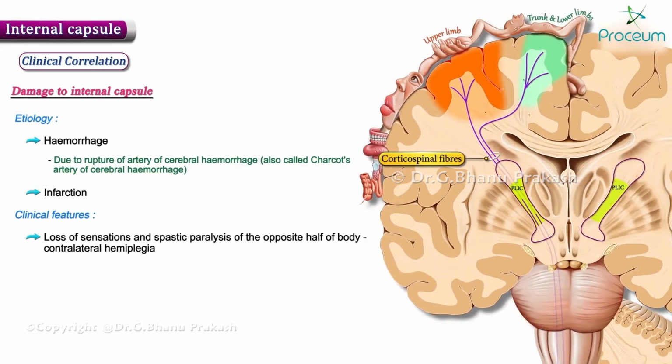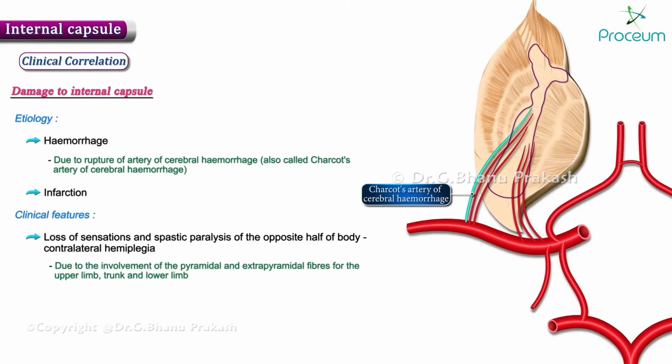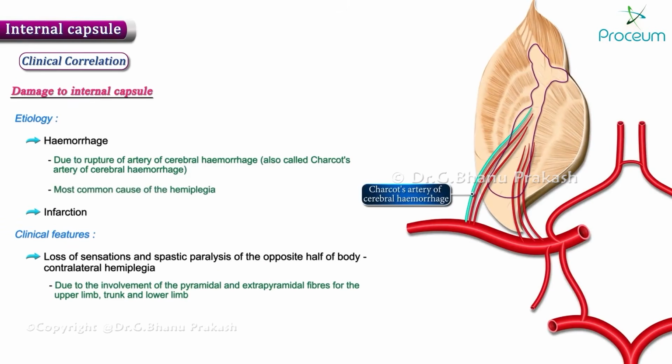The spastic paralysis of the opposite half of the body occurs due to the involvement of the pyramidal and extrapyramidal fibers for the upper limb, trunk, and lower limb. Rupture of Charcot's artery of cerebral hemorrhage is the most common cause of hemiplegia.